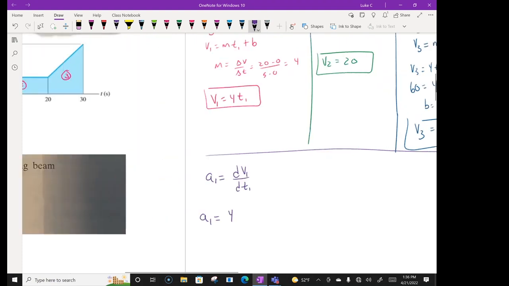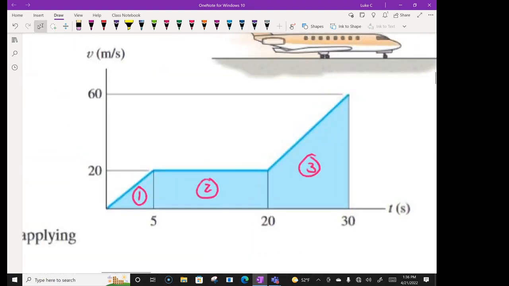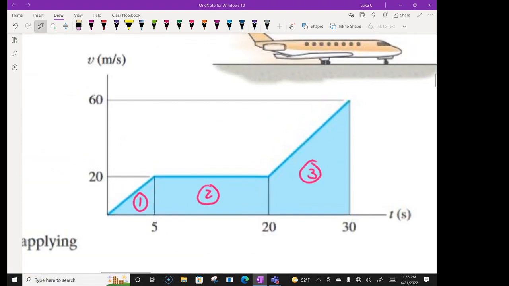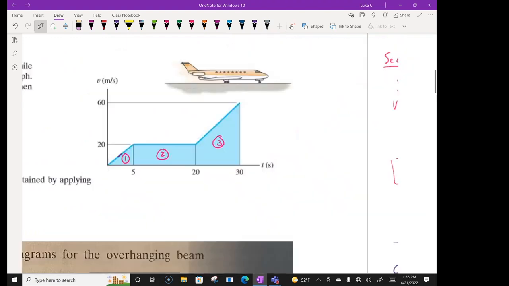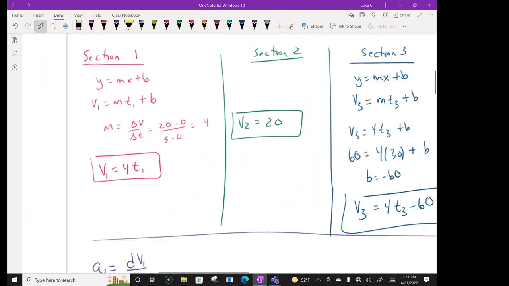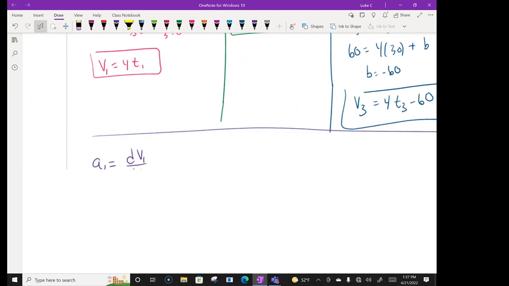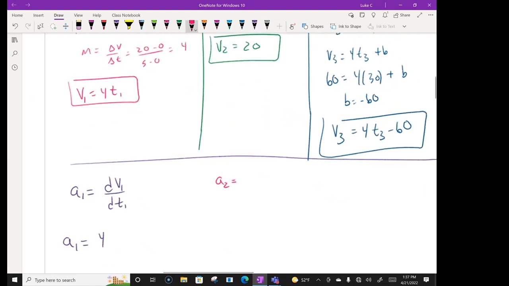And if you look, the rate at which we're increasing is just the slope of a line, okay?